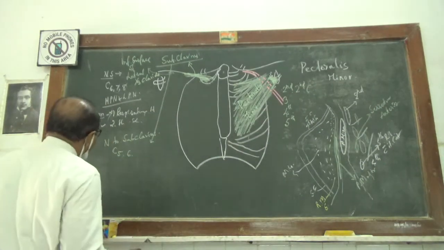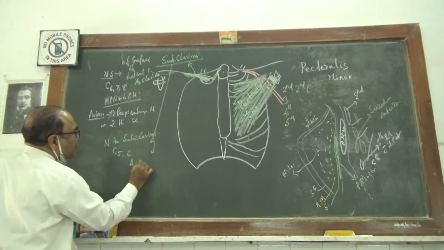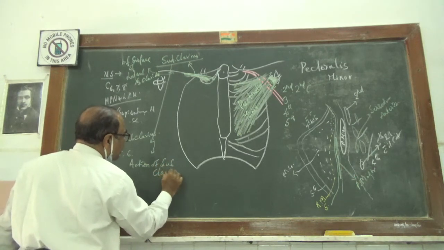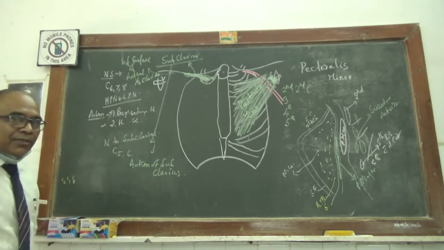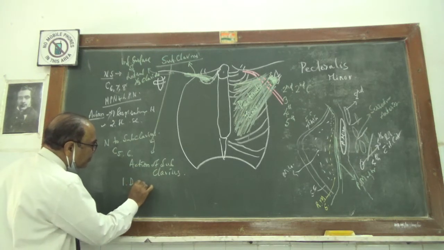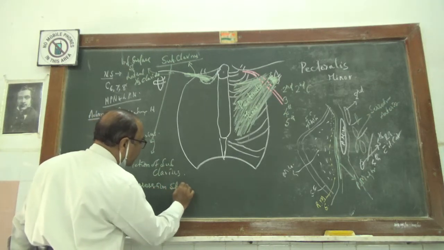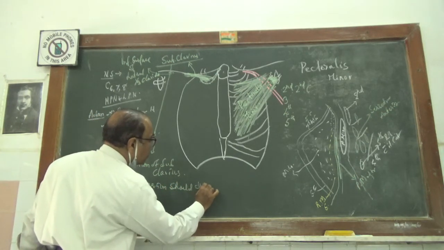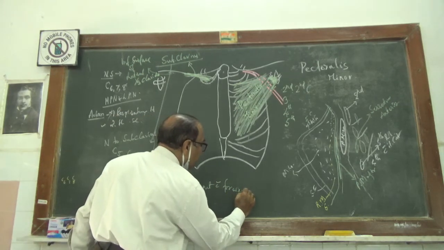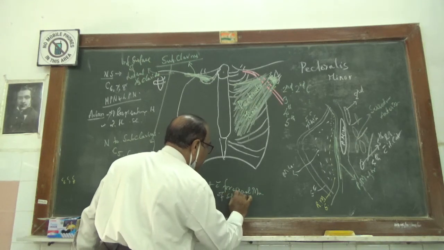Now after having had this, what is the action of this subclavius? Action of the subclavius is nothing but depression of the shoulder joint with forward movement of the shoulder.